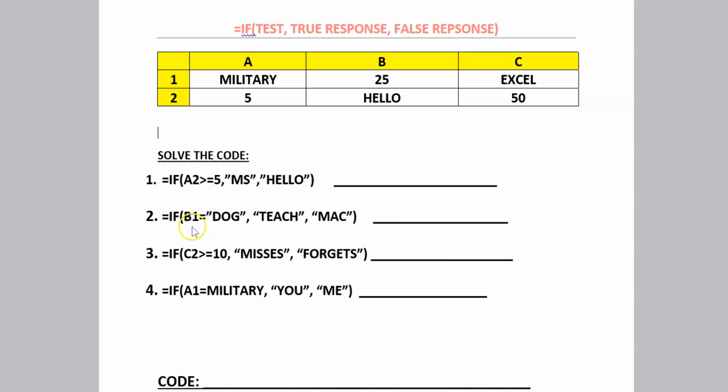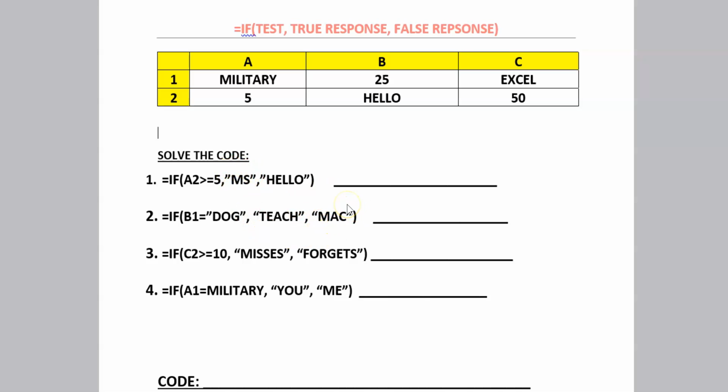My question, I said, okay, I'm going to pick something out of the B column. I said B1, just pluck a cell, doesn't matter. Is equal to, and I picked the word dog because I'm trying to get used to having words and numbers in my question. Okay, last time I used greater than or equal to, so this time I just use equal to and a word. B1 equals dog. Now, because last time I used miss as the true response, I want it to be false this time.